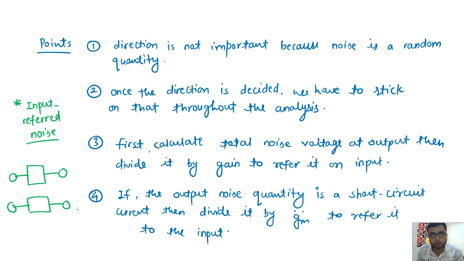If we are calculating total noise contribution as a voltage at the output, then we will divide it by the gain to refer it to the input, giving input referred voltage noise. And if we have calculated a short circuit current at the output, then we will divide it by the GM of this block to get the input referred noise voltage. Now I'll consider the first circuit, calculate it, then the second circuit, and after that we will compare both noise specs.